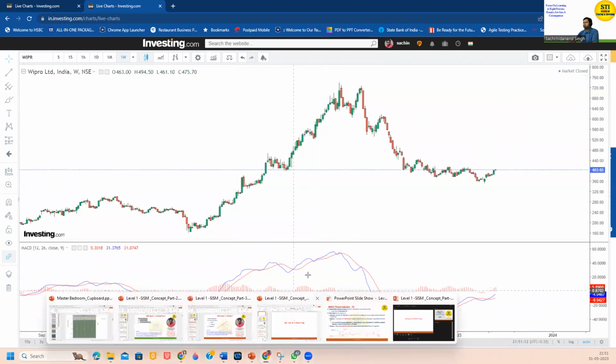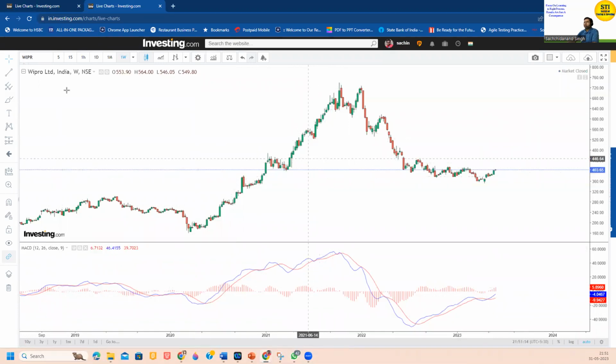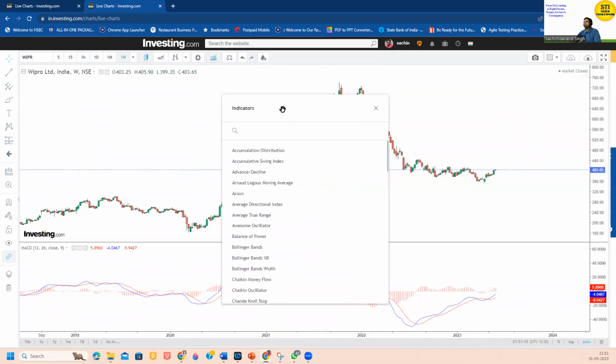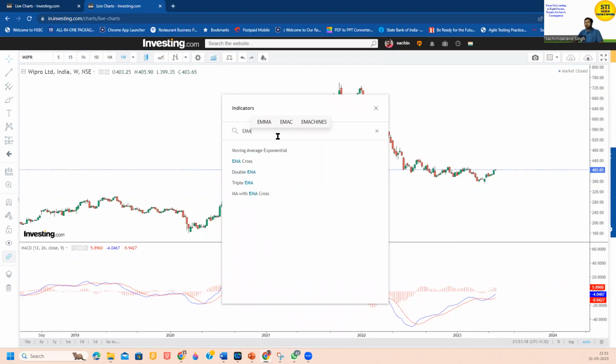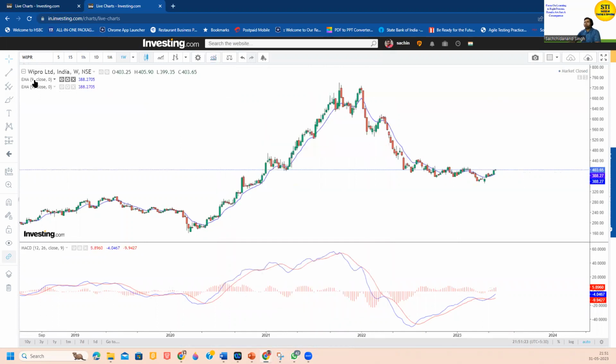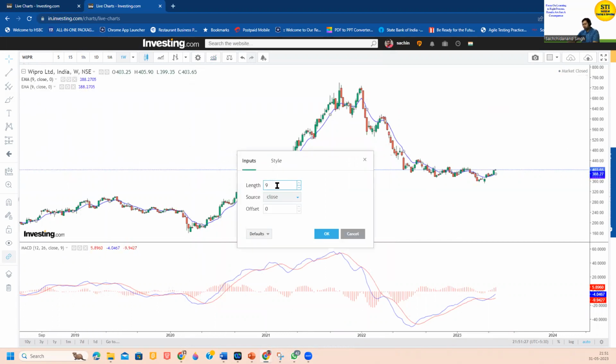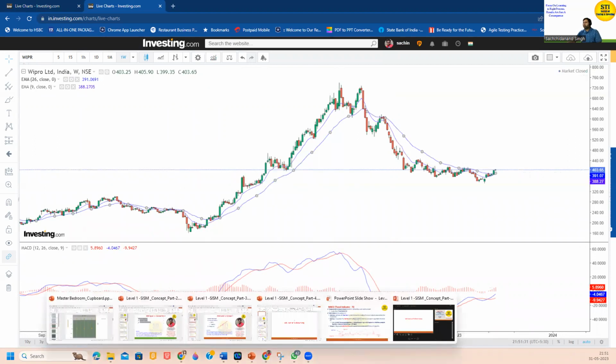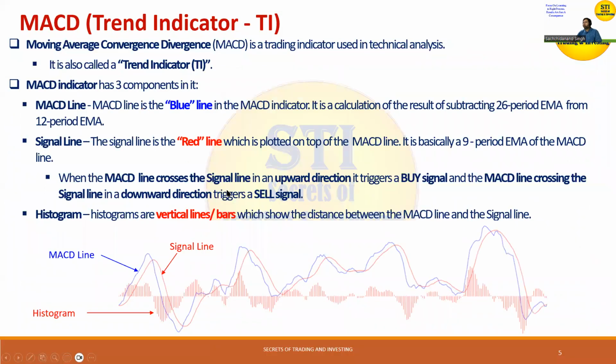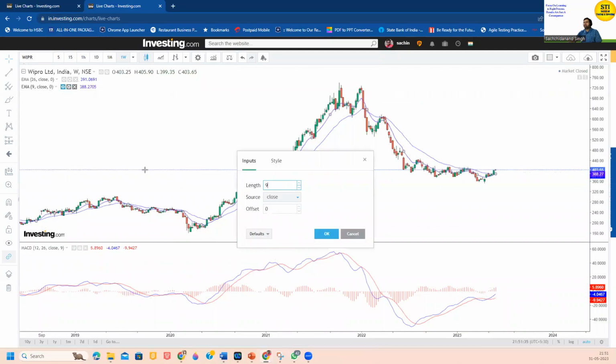And again, the theory is the EMA value. Just for the learning purpose, let us add the EMA of 26, and the next one, 12 period.